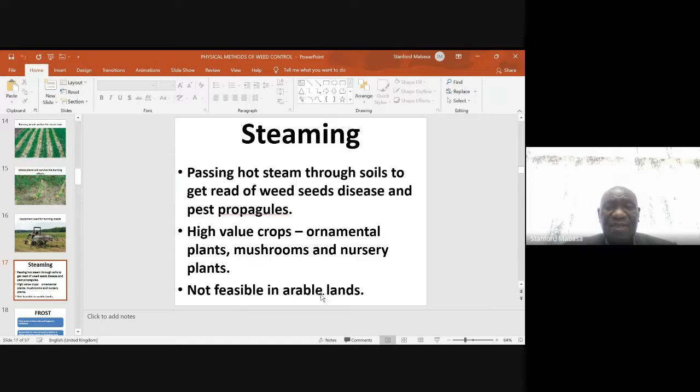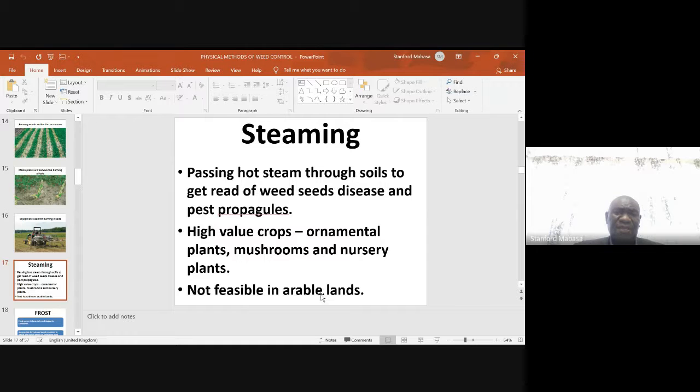Steaming, this is the passing of hot steam through soils to get rid of weed seeds, disease, and pest propagules. This can be done on high-value crops, ornamental plants, mushrooms, and nursery plants.